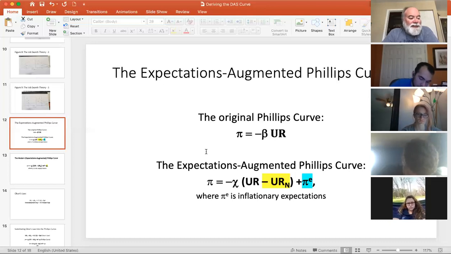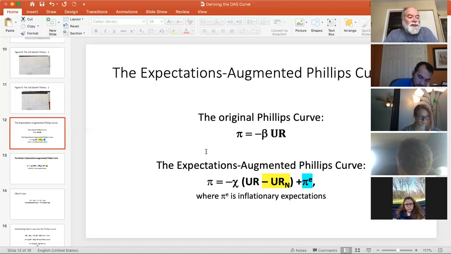A supply shock is an unexpected event that suddenly changes the supply of a product, or in a macro sense, suddenly changes GDP, resulting in an unanticipated change in price. So let me repeat that.